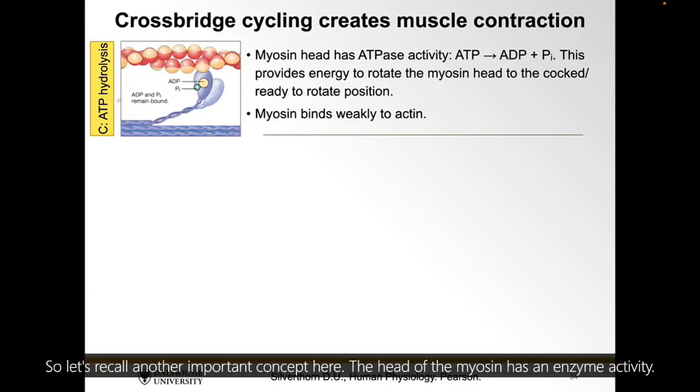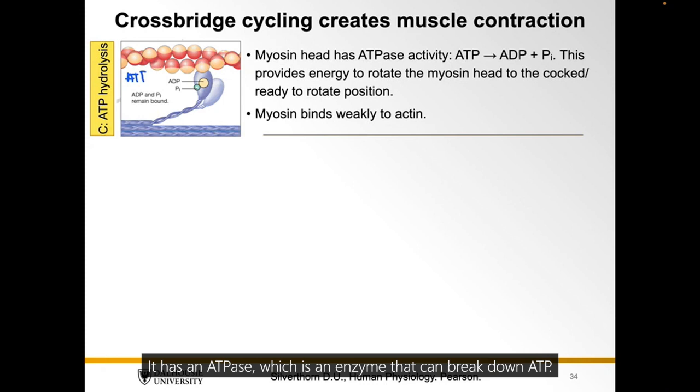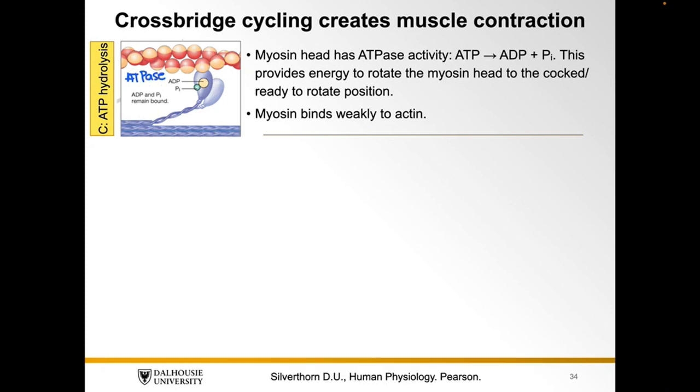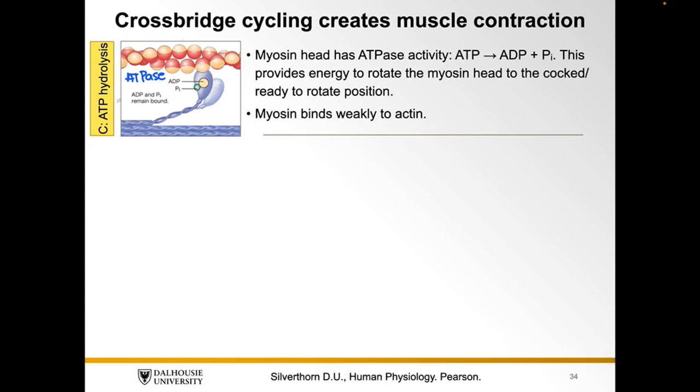So let's recall another important concept here. The head of the myosin has an enzyme activity. It has an ATPase, which is an enzyme that can break down ATP. And it is active in that third step. So at that point, ATP is broken down into ADP and a phosphate.